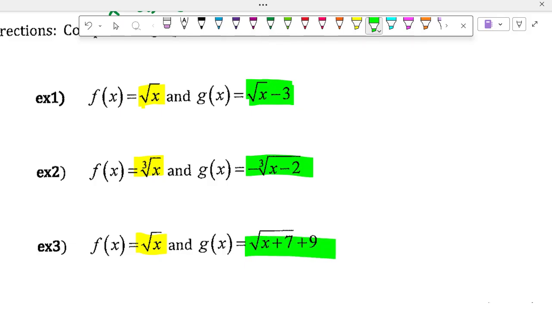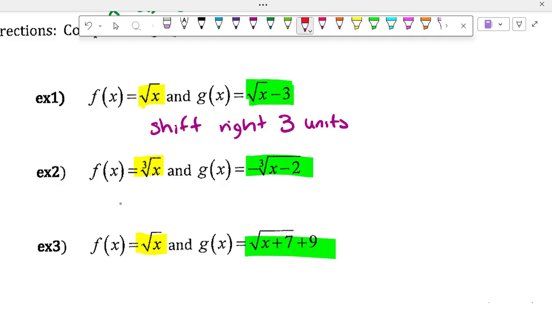What transformation or transformations happened in example 1? So from the yellow to the green, what happened? The graph would shift right. How many units? 3 units. What about for the cubic graph? What transformations happened?